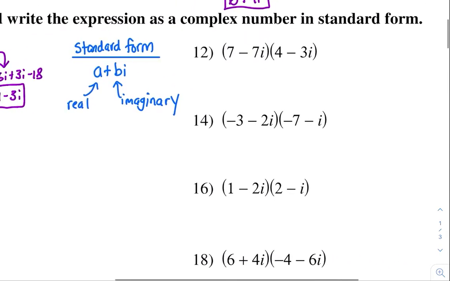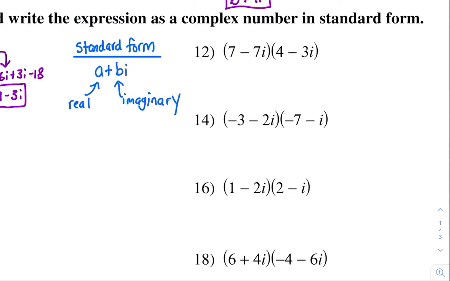Number 12. So again, we distribute. So 7 times 4, right? 28. 7 times negative 3i, negative 21i. Negative 7i times 4, negative 28i.